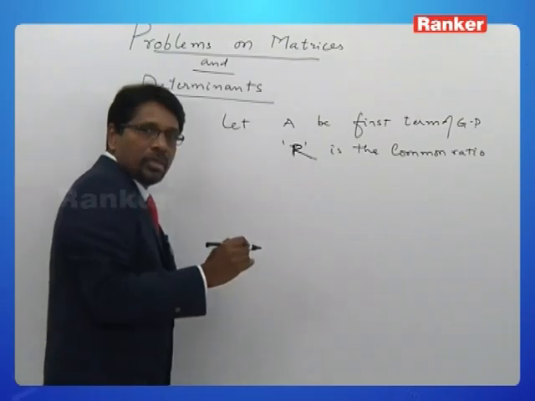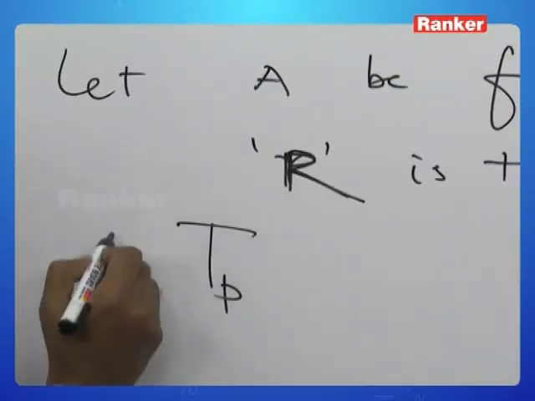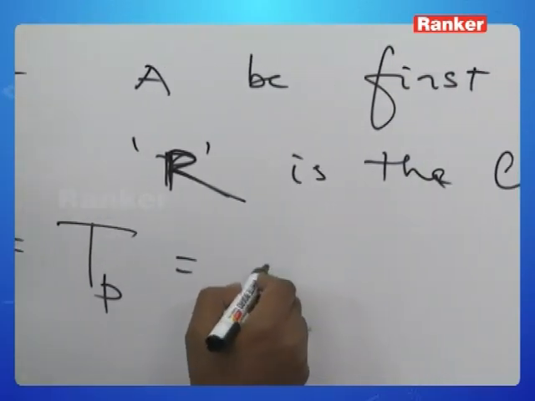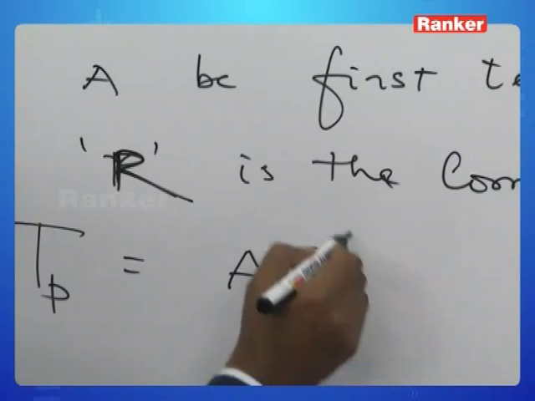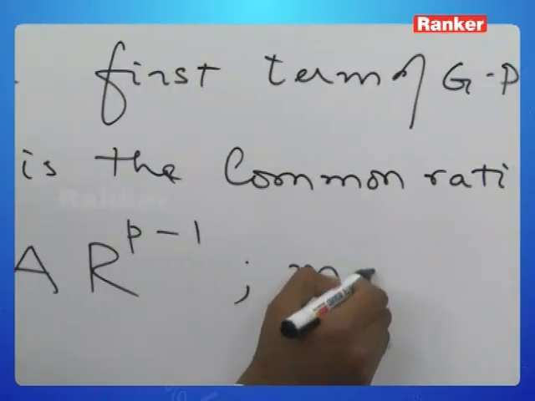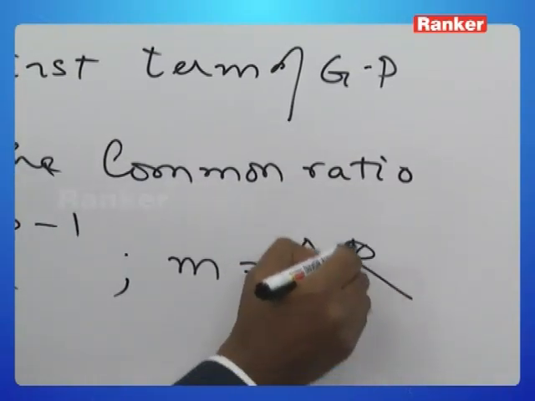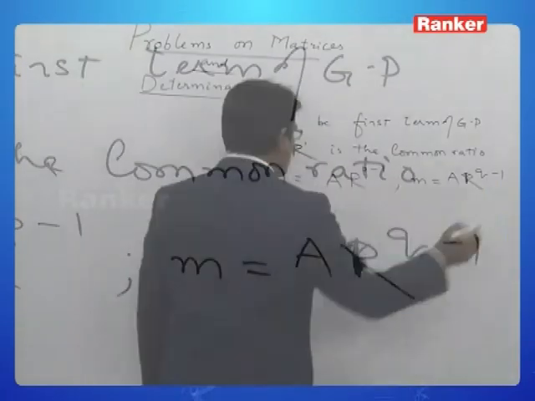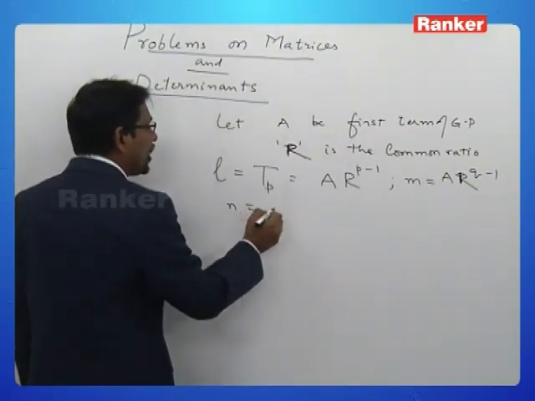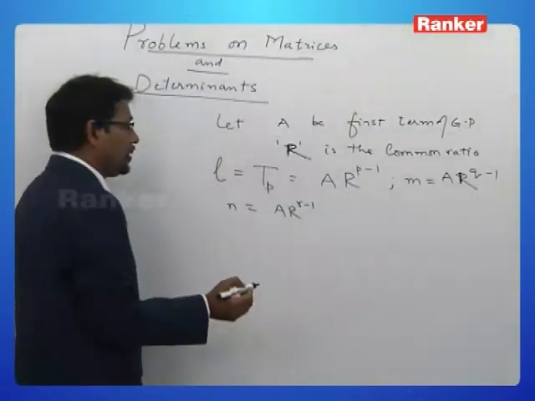Then L is the pth term, so Tp is L, equal to A into R power p minus 1. Similarly, M is equal to A into capital R power q minus 1, and N is equal to A into capital R power r minus 1.